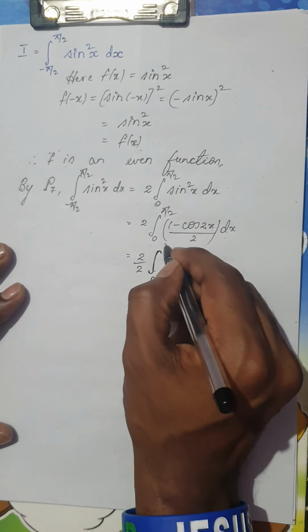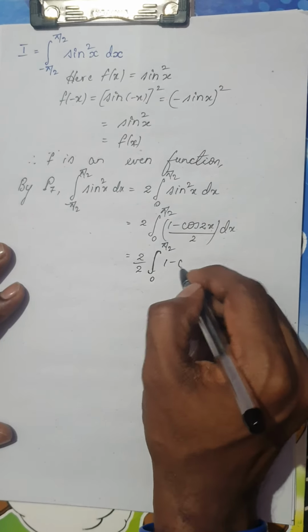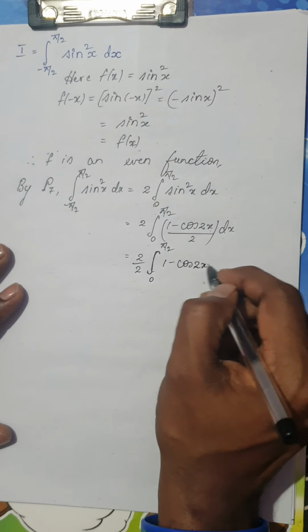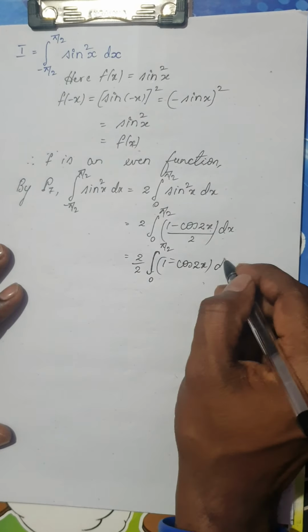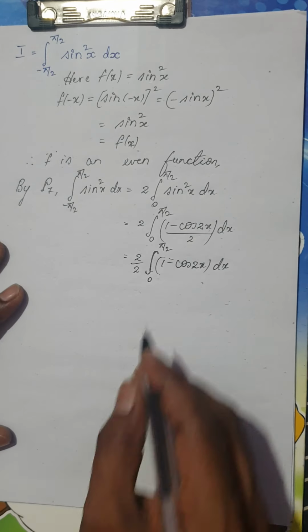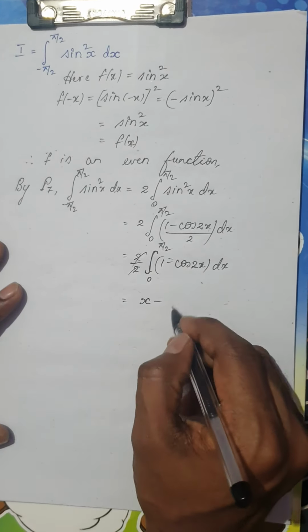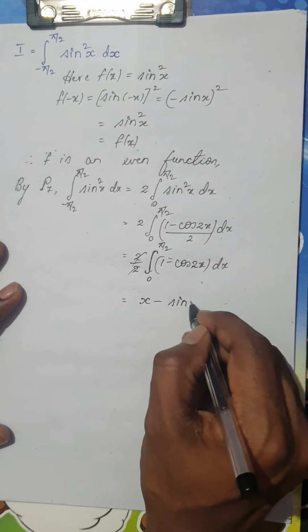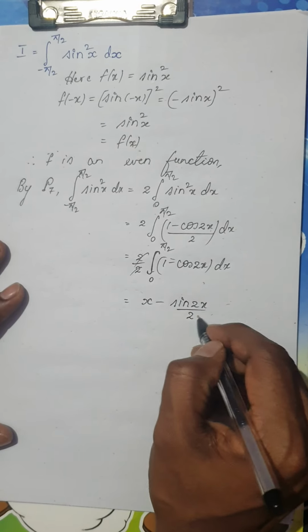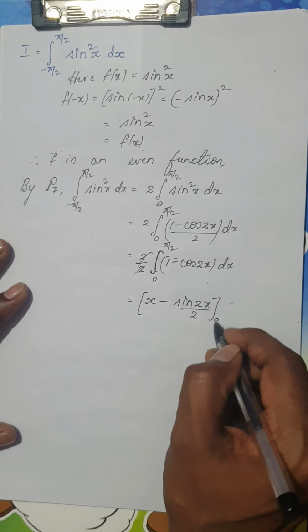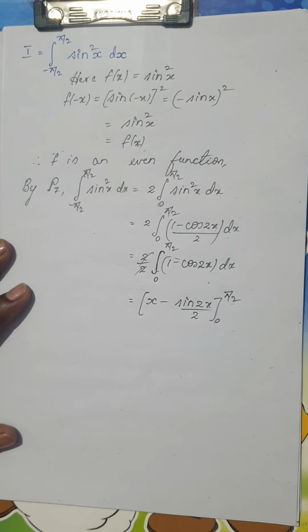So integral from 0 to pi by 2, this is 1 minus cos 2x dx. Okay, so this is nothing but integral of 1 is x minus integral of cos 2x is sine 2x divided by 2. This is within the limits 0 to pi by 2.